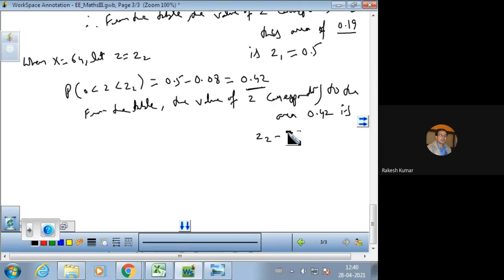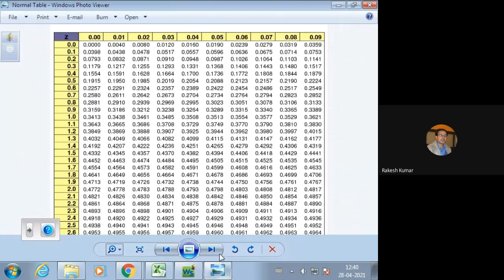So for calculating Z2, let us move to the table again. So for the area 0.42, just see, 0.42 is this one, 0.4192, and this is 0.42.